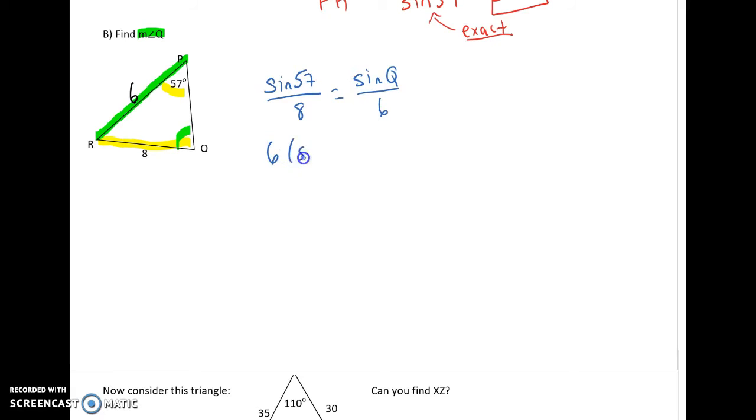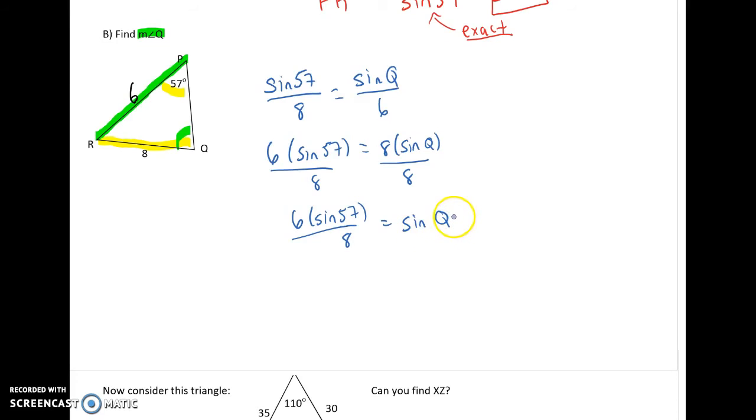So I'm going to get 6 sine 57 equals 8 times sine Q. And I'm going to divide by 8 because I want to solve for Q. So I get 6 times sine 57 over 8 equals the sine of Q. Remember, how do you get rid of the sine but keep Q on the side?